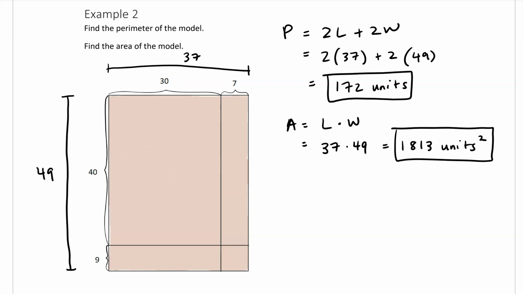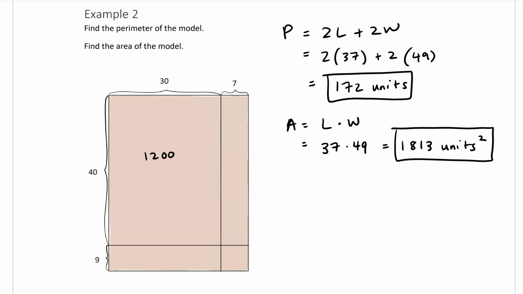And remember that we were able to find the area a second way in the previous example. So let's do the same thing here. I'm going to go a little bit quicker for each of these smaller rectangles inside. So the first big rectangle, the area is going to be 30 times 40, which is 1,200. This next one to the right is going to be 40 times 7.